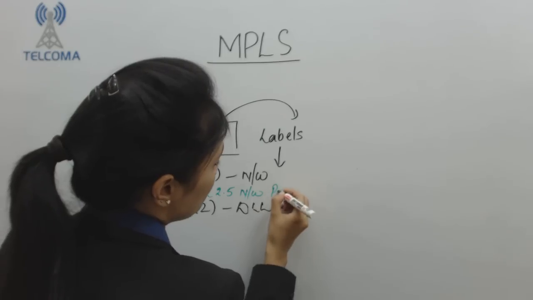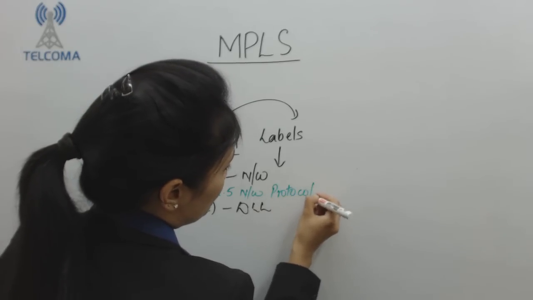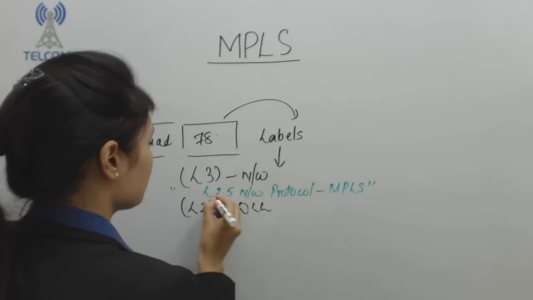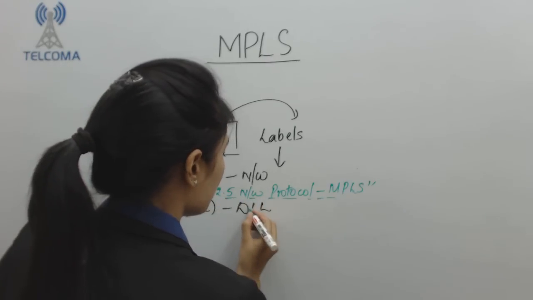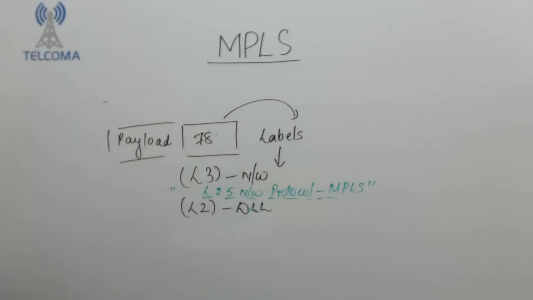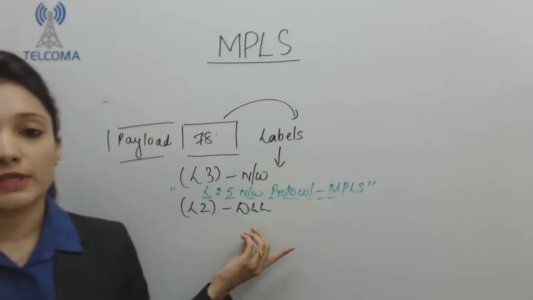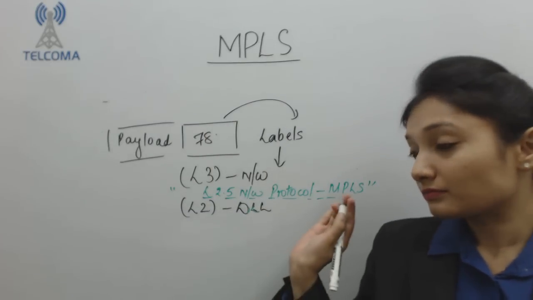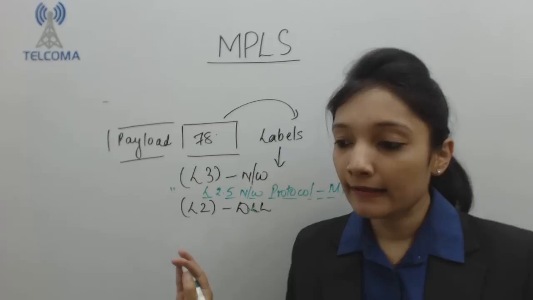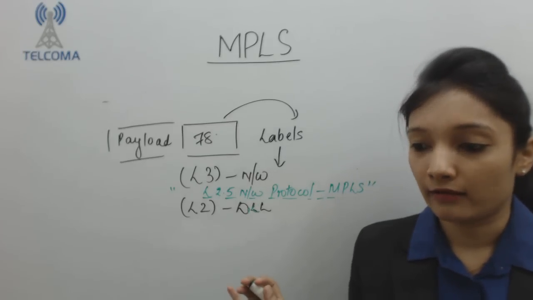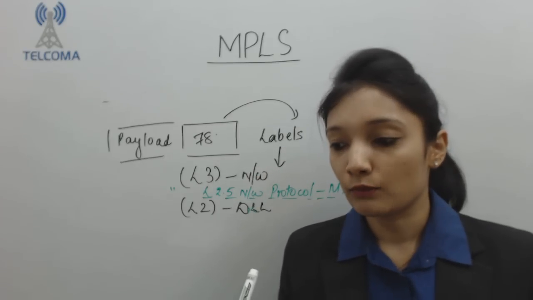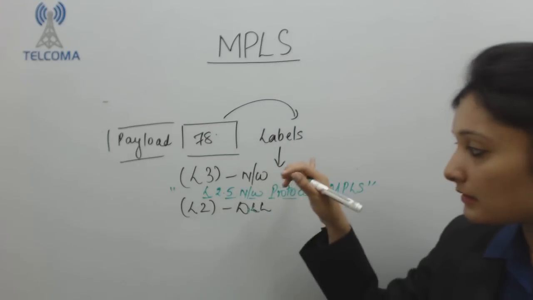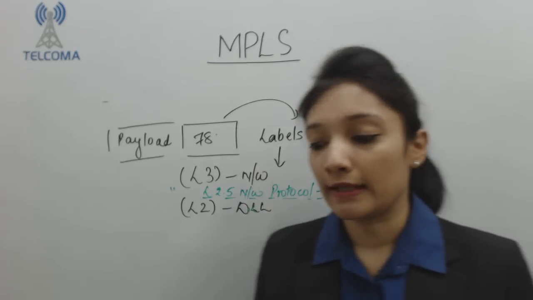Your layer 2, which is your data link layer, covers protocols like Ethernet and SONET for your local area networks or for your point-to-point wide area networks. Then you have layer 3, which covers internet wide addressing using your IP protocol. So MPLS sits between these two layers.